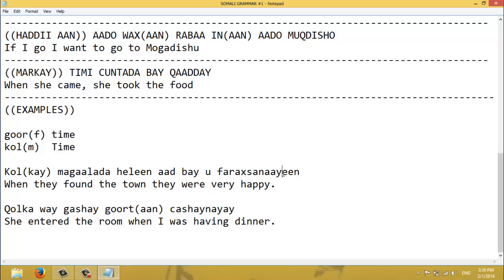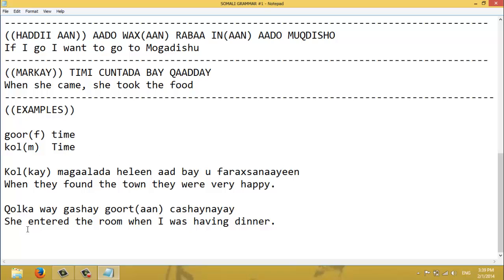So the endings, that's how you tell which personal pronoun is being used. So it's very important to pay attention to the verb. Otherwise, you will get confused because this a is the same as he, or it's the same as she. All right. So that's that one.